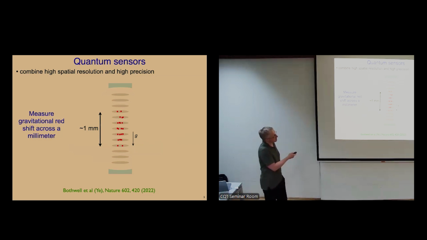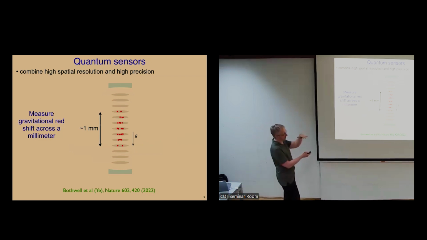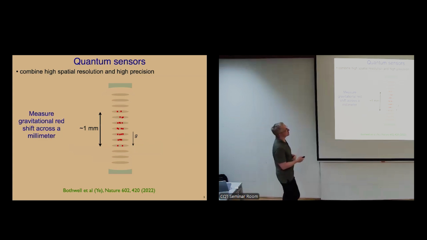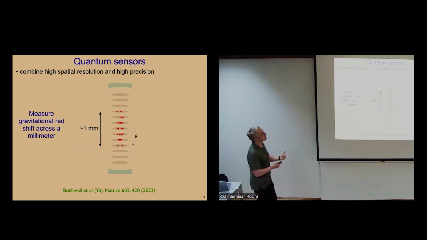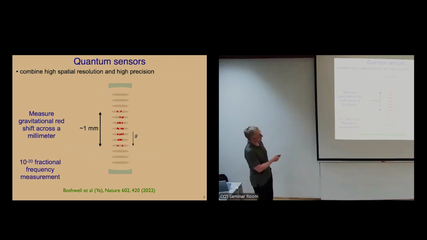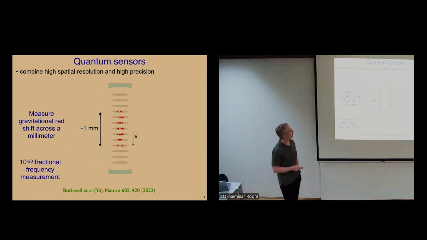In this experiment, these atoms here are clocks, and they were able to measure that atoms separated vertically by less than a millimeter actually tick at slightly different rates. In other words, they measured this gravitational redshift across a millimeter, which corresponded to an astounding 10 to the minus 20th fractional frequency measurement, which is very impressive.